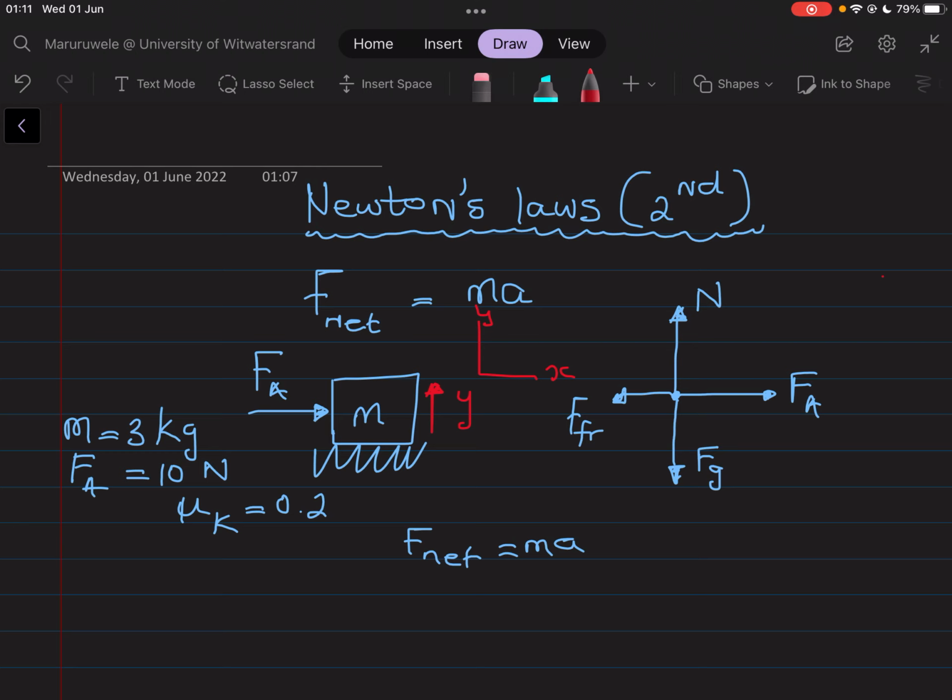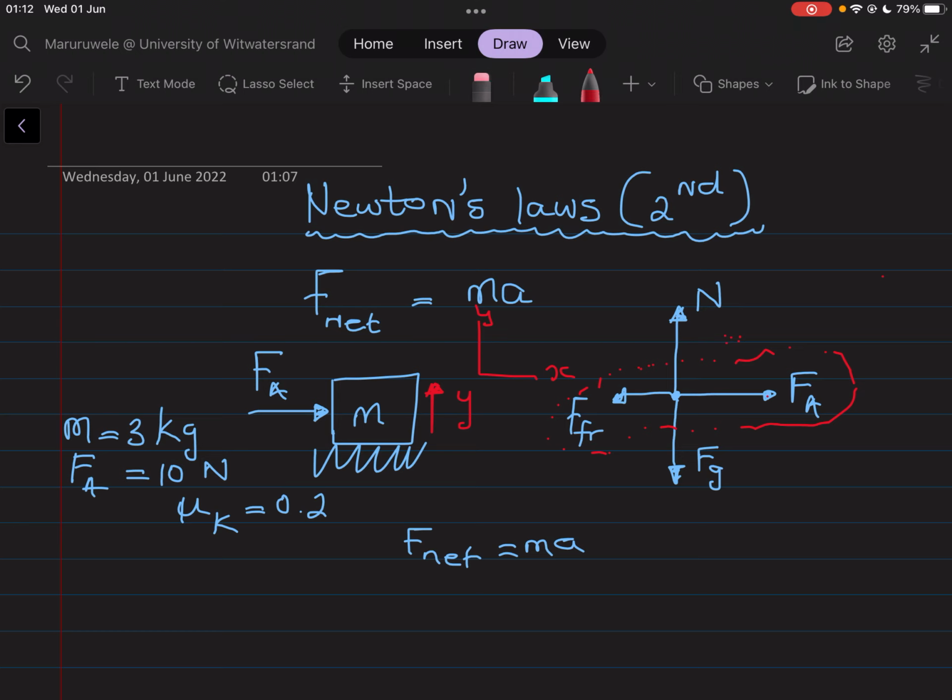So you're only gonna consider forces or force components that are acting in the x axis. So if you had a force at an angle here, you're gonna resolve it into an x component of the force, and then we use it.